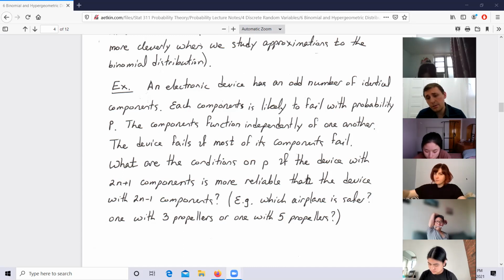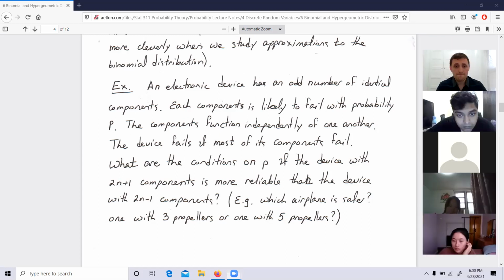This machine continues to fly if most of the engines work, and each engine works independently of another. Is it better to design this machine with more engines or with fewer engines? And what's the condition on the probability? P is what we're thinking about. All right, guys, no idea?